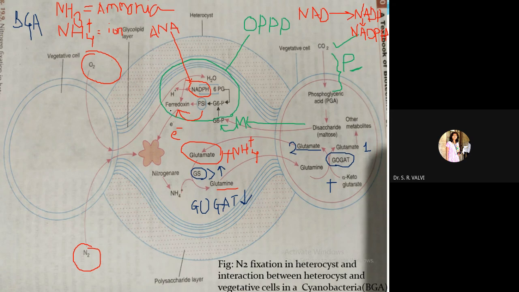Our main intention is that ferredoxin should be in reduced form and transfer electrons so that nitrogenase will fix the atmospheric nitrogen. So likewise nitrogen gets fixed in algae as well as in bacteria, right?